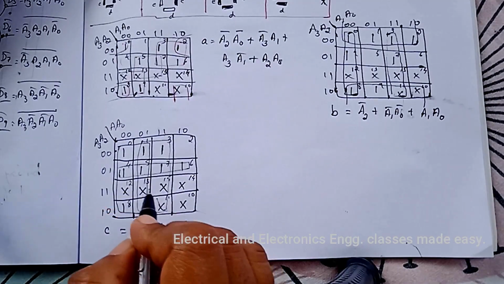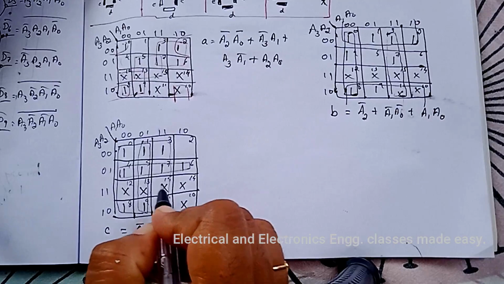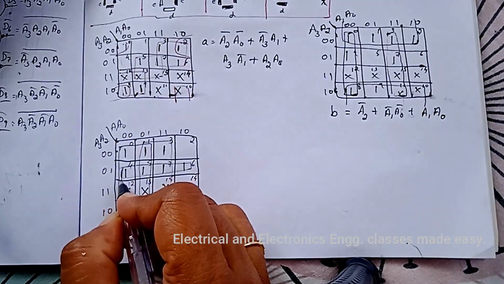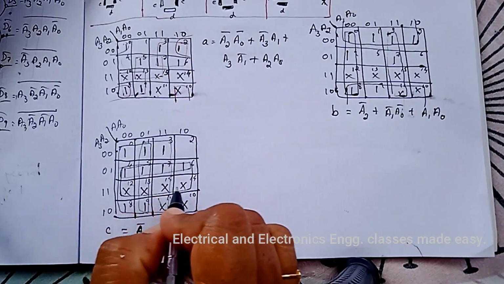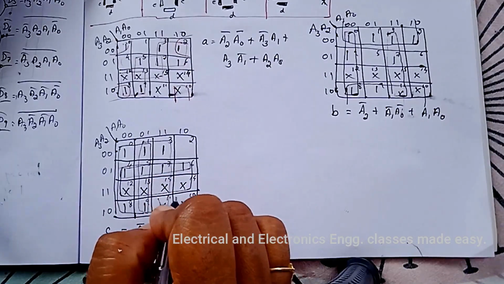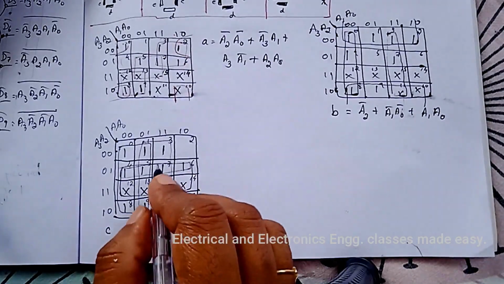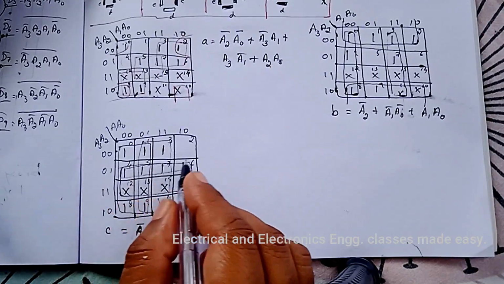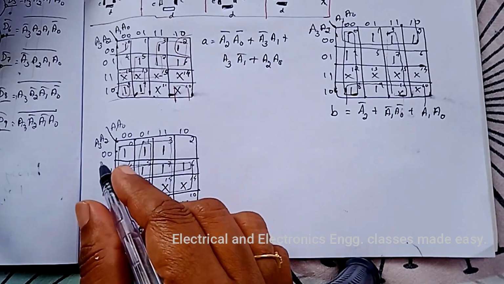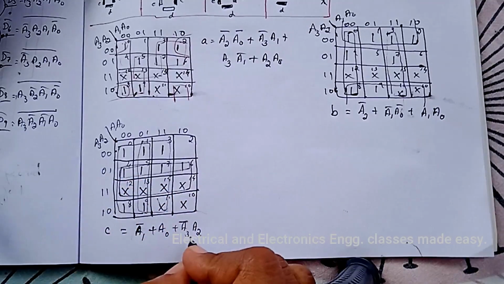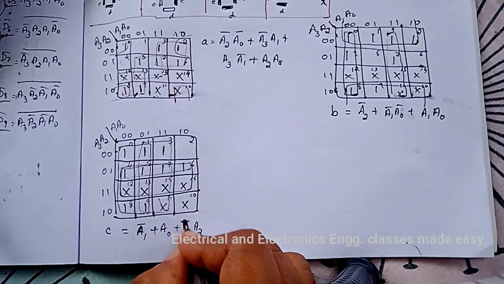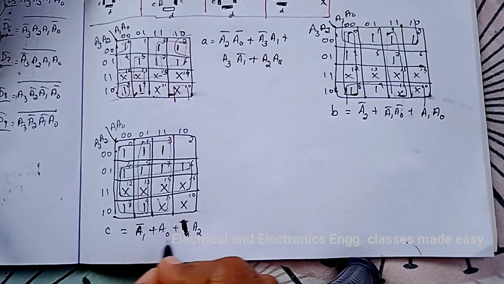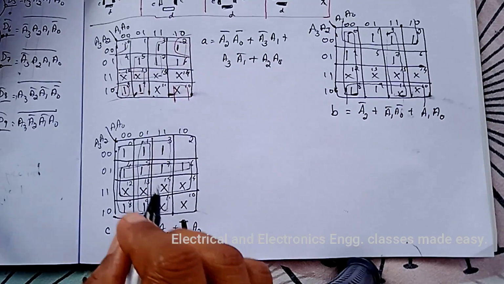And here we can also combine these 8 squares because maximum number of don't cares we can include. So while combining these 8 squares we get A2. So this is the minimization for the segment C.